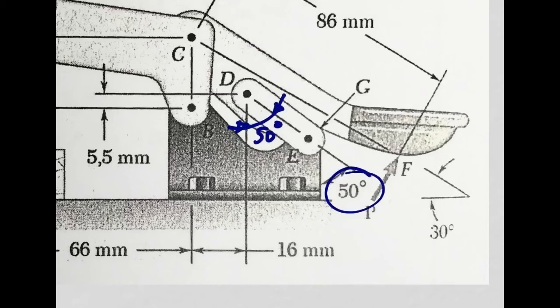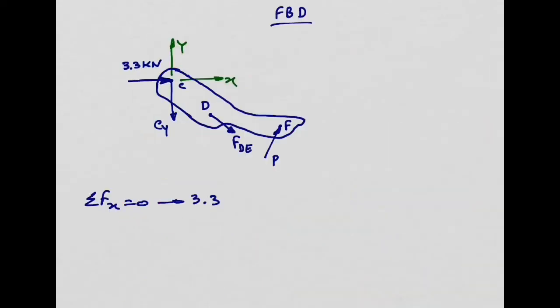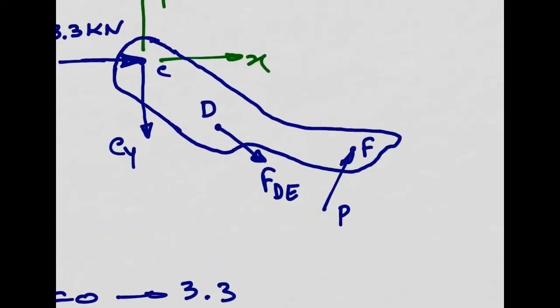This is also 50 degrees. It's the same angle, right? So here we can write that this angle here, I'm going to put in green, is going to be 50 degrees. Okay?